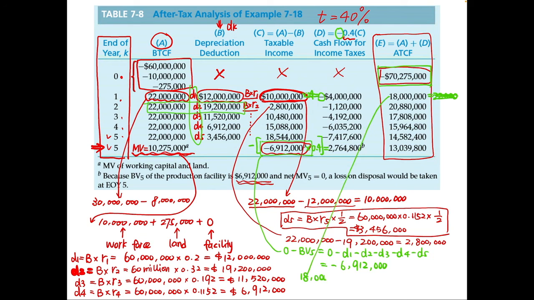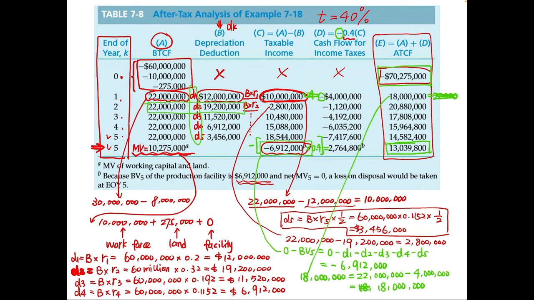Why do you have 18 million? That's because you need to have 22 million plus whatever you have in column D, because the number in column D is negative, so it's a negative sign here, and then it's 4 million. So the answer is 18 million, and so on.